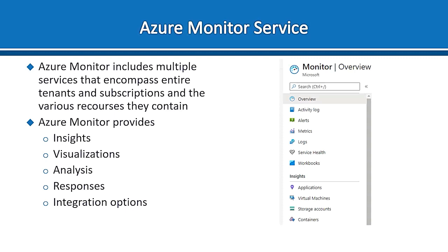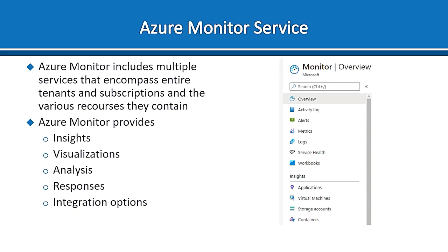So it's providing a number of different things. We can see insights into applications. We've got visualizations. We're going to see all of these. The insights might tell us about the applications, the containers they're running on, or the virtual machines.